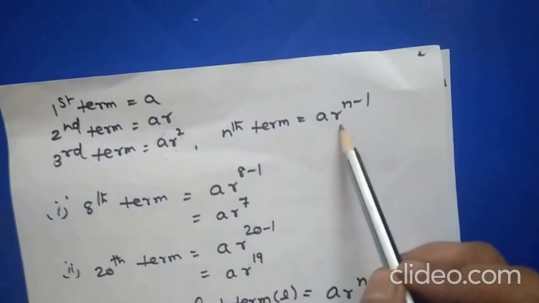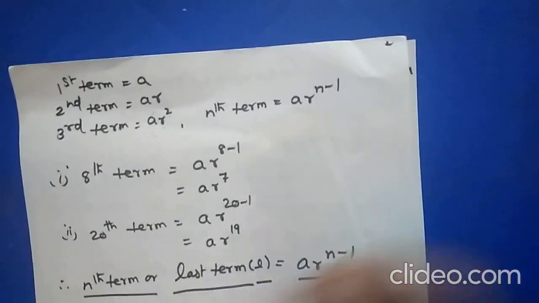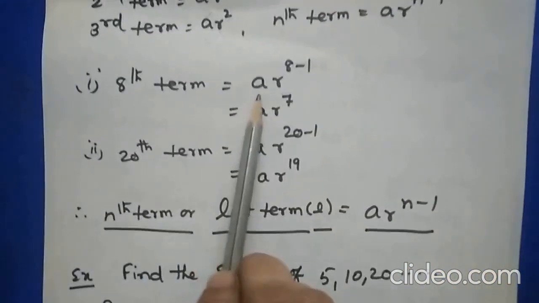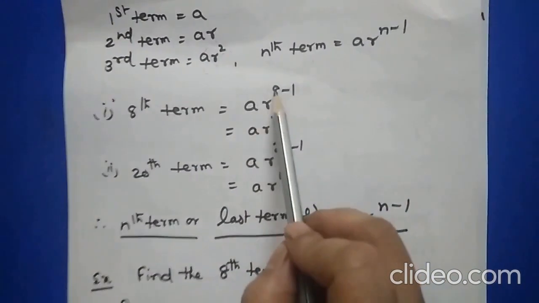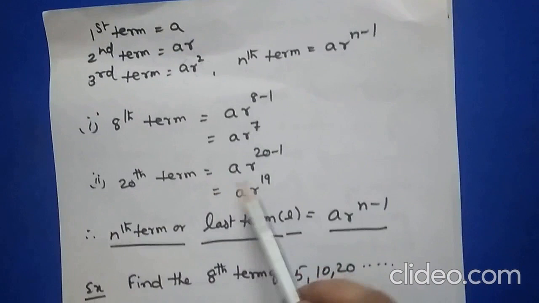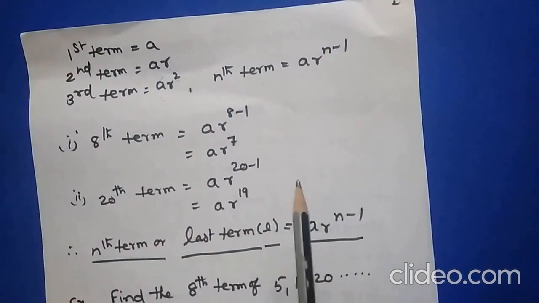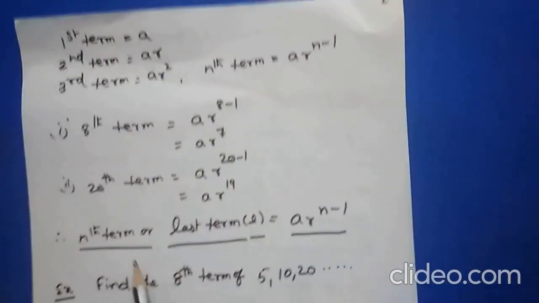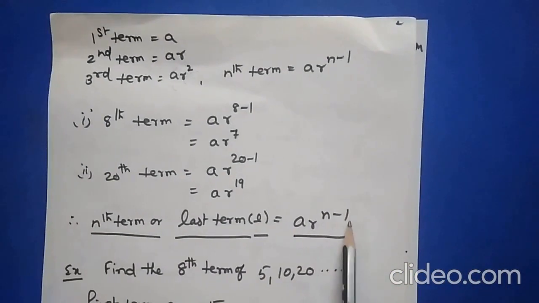Therefore, the nth term is AR power n minus 1. Suppose you want to find the 8th term, you are applying the same formula. AR power n minus 1, AR power 8 minus 1, AR power 7. 20th term means AR power 20 minus 1, AR power 19. The nth term or last term, finally, what is the formula? AR power n minus 1.